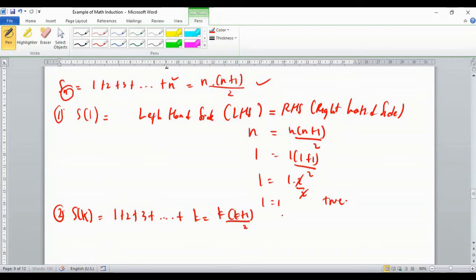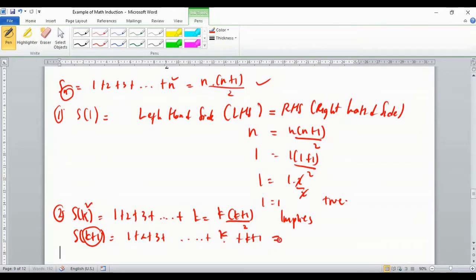So this one implies Sk plus 1. Okay, so when you find k, you need to change to k plus 1. So 1, 2, 3, dot dot dot, plus k plus 1. Imagine, before k plus 1, there is k, as it always exists.